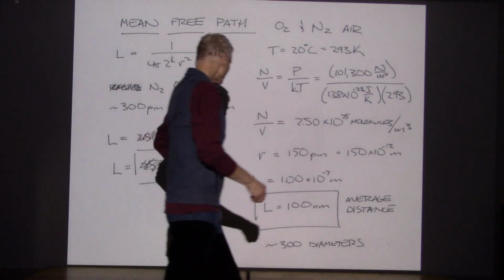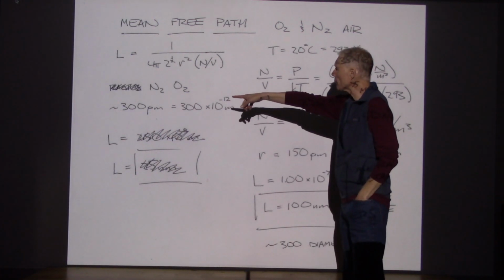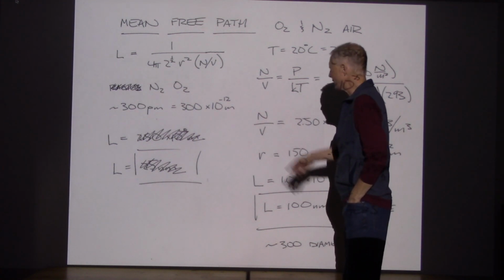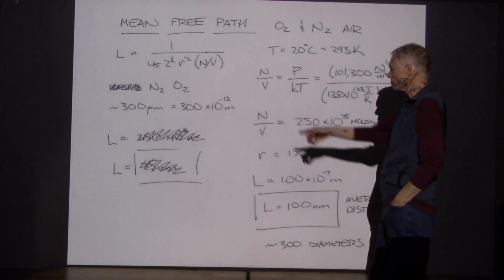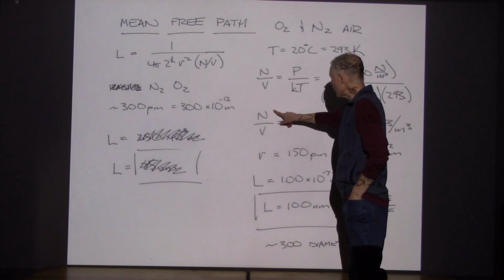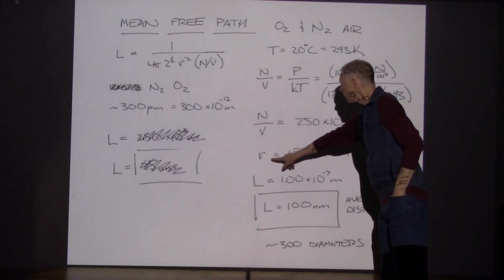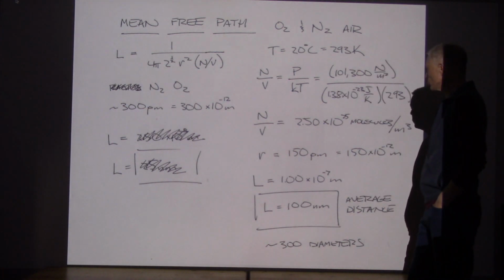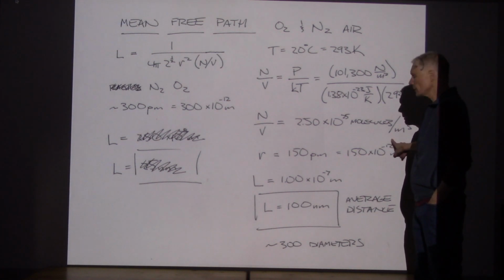So the diameter they gave us was 300 picometers. The number per volume was 2.5 times 10 to the 25. The radius of these O2 and N2 molecules, we're going to estimate at 150 picometers.